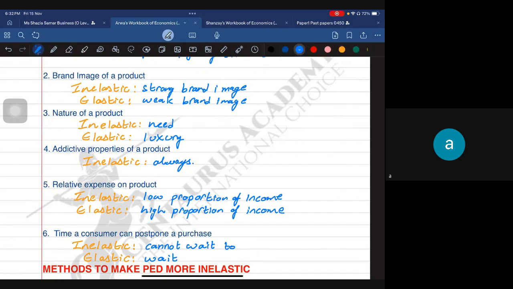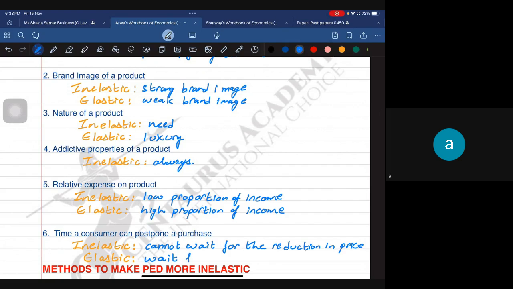I cannot wait for the reduction in price, because this is a more relatable thing. If you are not waiting for the product to drop its price, it means that even though the price is higher, you are still buying it because it's a necessity or something important.